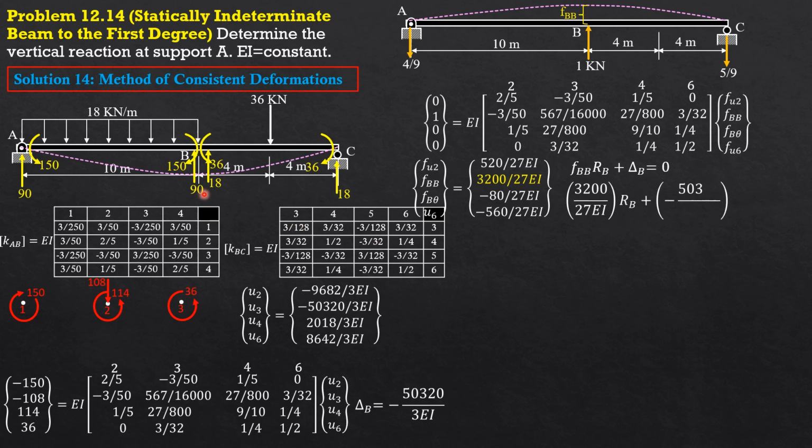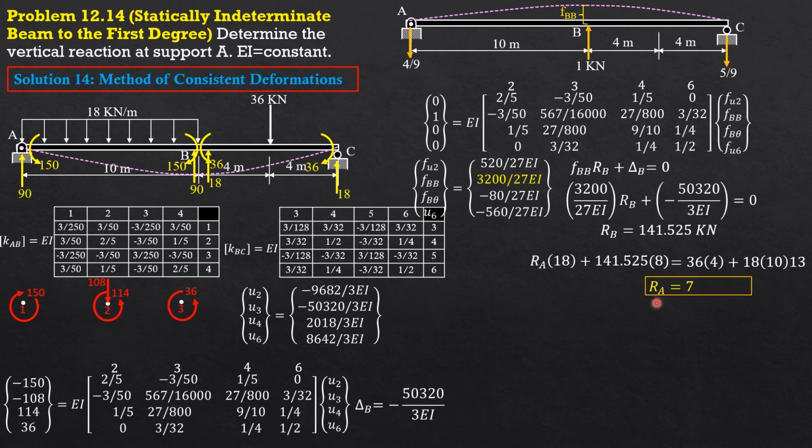Considering the entire system, take note there is a support here. So RA times 18 plus RB, 141.525, times 8 equals 36 times 4 plus 18 times 10 times 13. From there, we can solve RA equal to 75.10 kilonewtons.